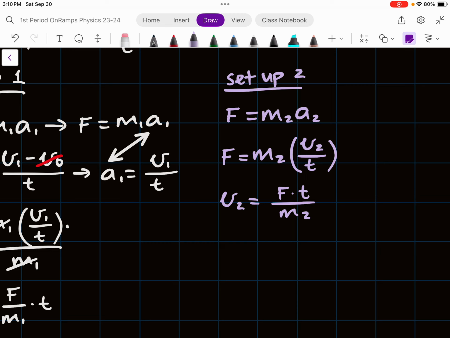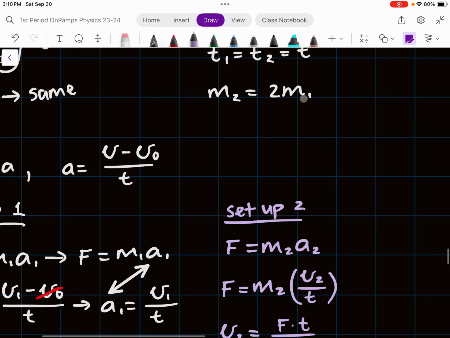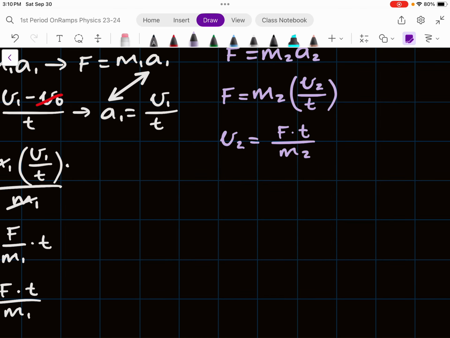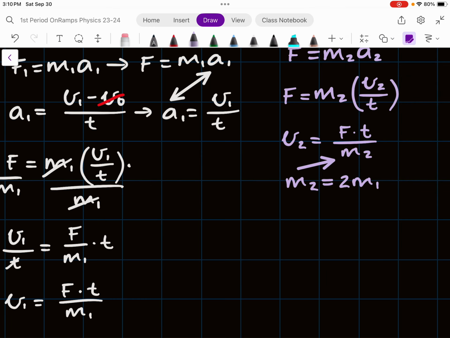But we know that mass 2 is equal to twice mass 1. So we have mass 2 is equal to 2m1. What I'll do is I'm going to substitute this instead of mass 2.